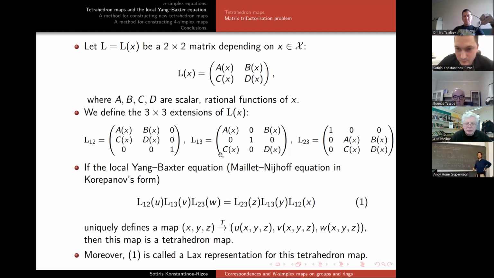I have also some simple rational ones, but okay, let's say polynomial in functions of x. And if this is true, then equation 1, according to Dimakis and Müller-Hoissen, will be called the Lax representation for this tetrahedron map.